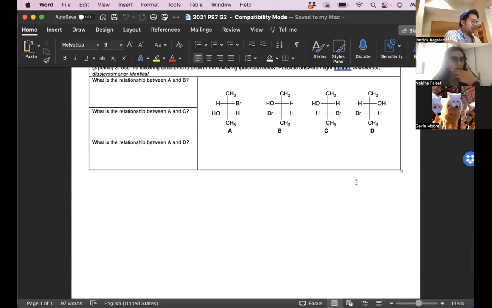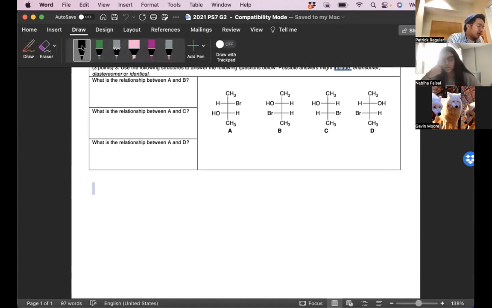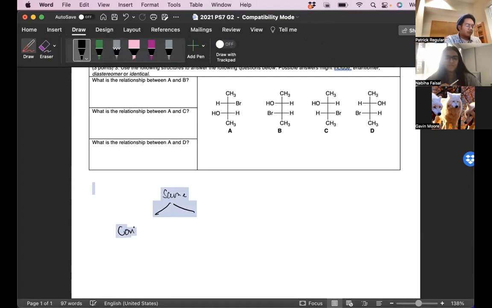Right, so you know that for isomerism, if they're the same compound, then they're the same compound. Constitutional isomers have the same formula, but I think different connectivity.